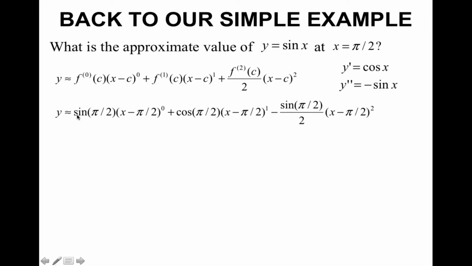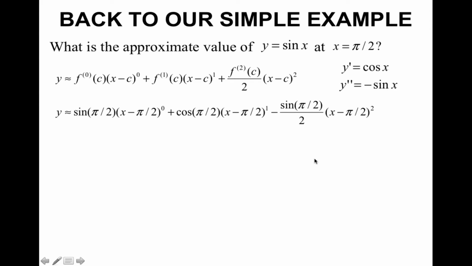Now when I substitute this information into the following, I get this nice lovely polynomial, where I have my value of the original at pi over 2 times the factor with the 0 power, plus my derivative at pi over 2 times the factor with the first power, plus the second derivative, which was negative, hence why that's negative, times the factor squared.